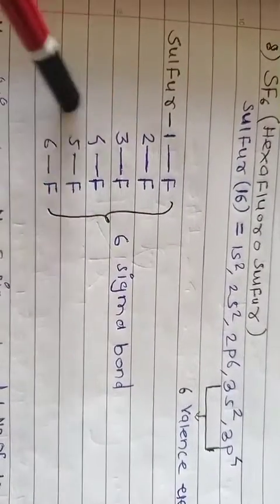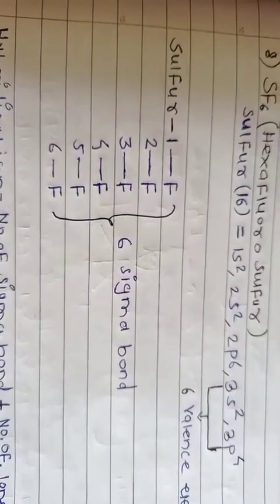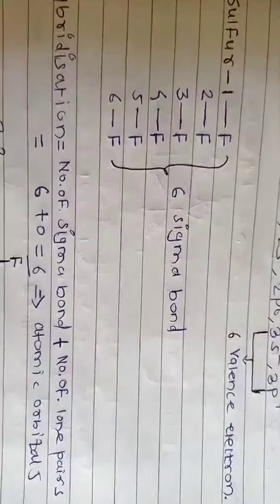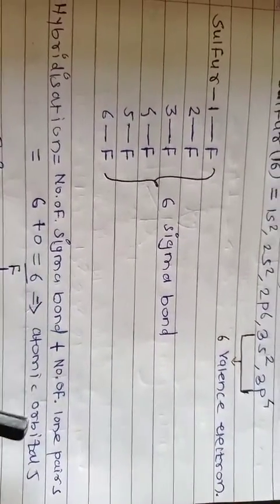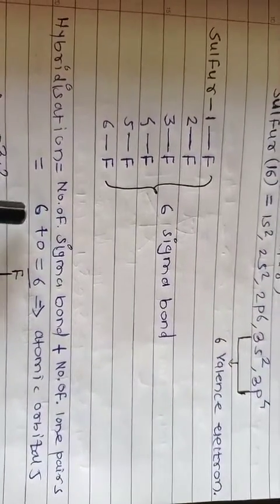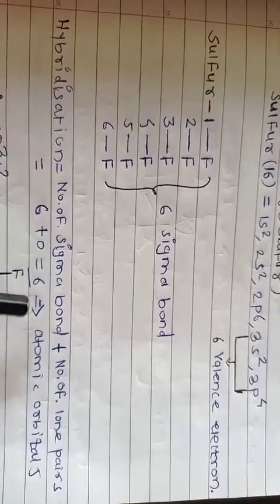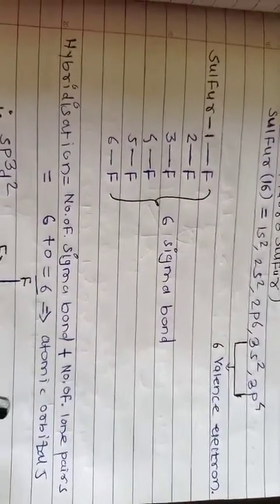So that forms 6 sigma bonds. We know the formula for hybridization is number of sigma bonds plus number of lone pairs. In this example, no lone pair, only 6 sigma bonds, so equal to 6, that is 6 atomic orbitals.